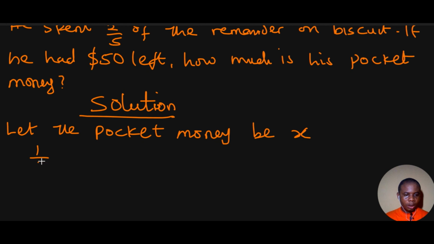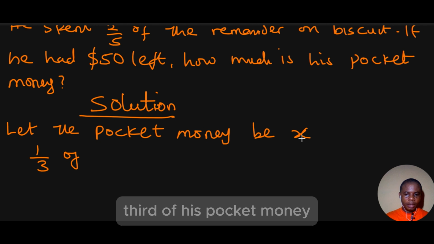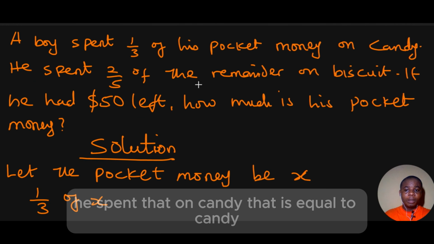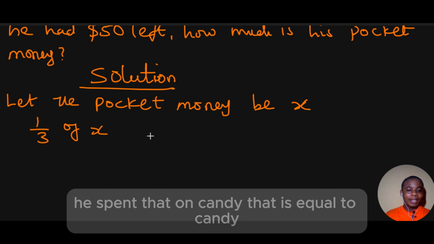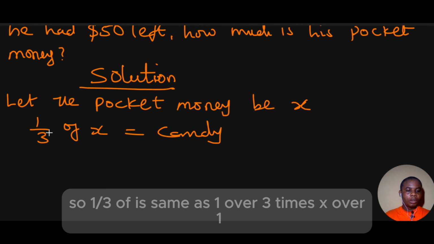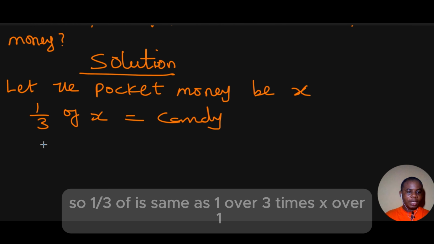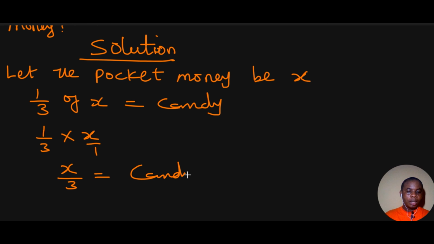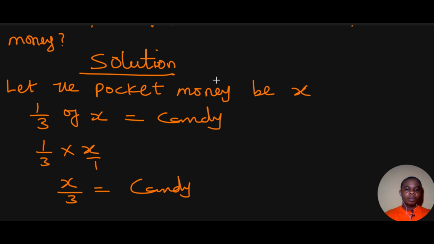One third of his pocket money, and what's the pocket money? That's X. One third of X he spent on candy. So one third of X is the same as 1/3 times X over 1, which is the same as X over 3. That's for candy.